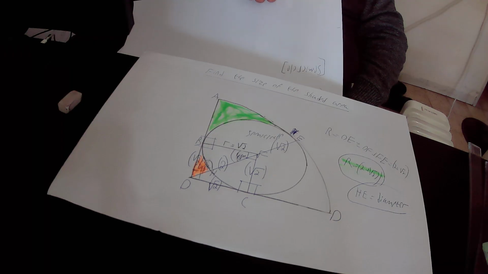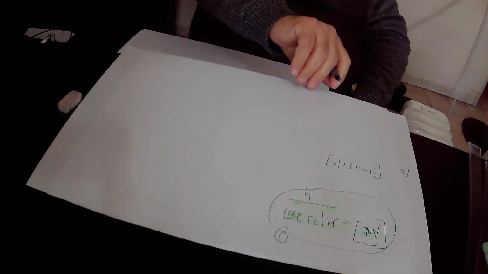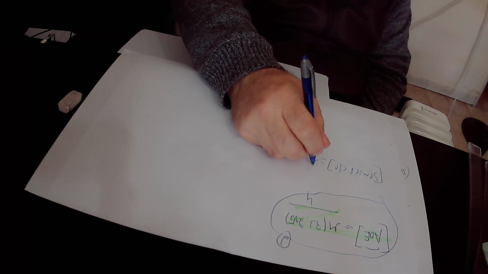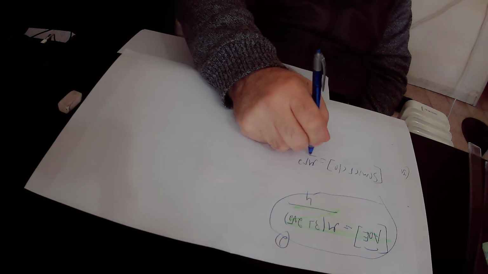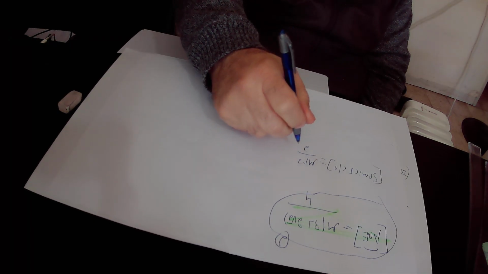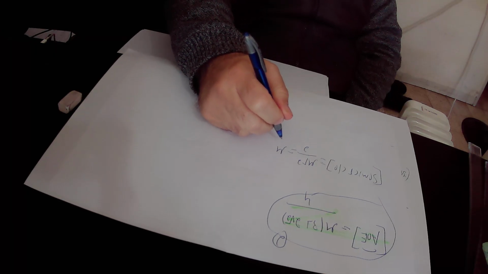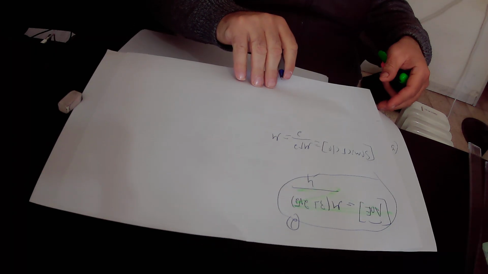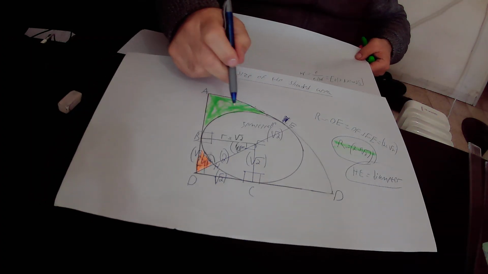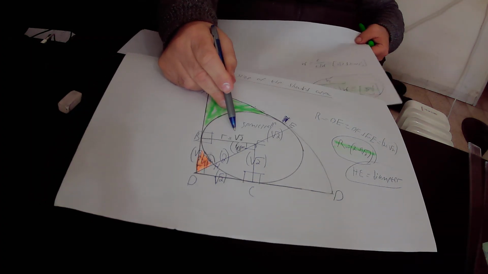Therefore, the area of the semicircle will be equal to pi r squared, that is the area of the small circle, over 2. It is given in the question that r, the radius of this small circle, equals the square root of 2 units in length.